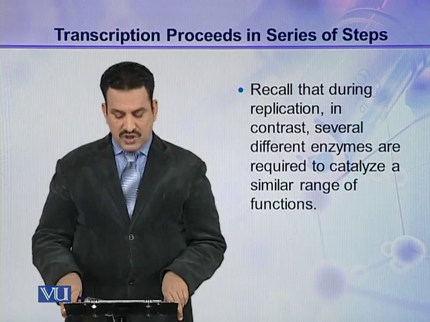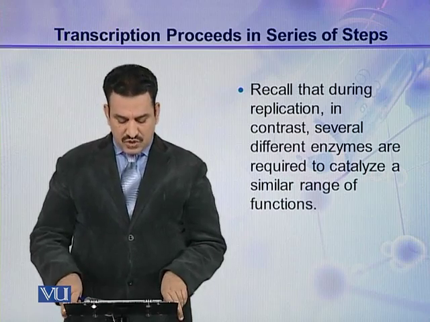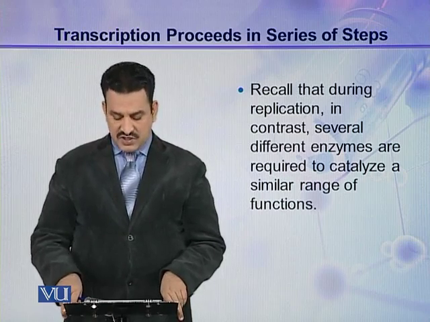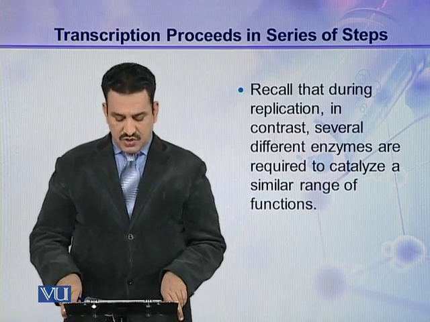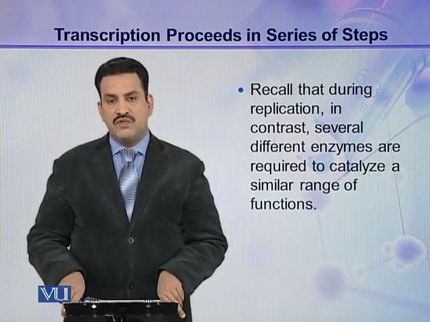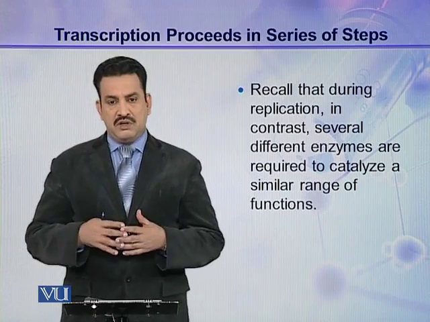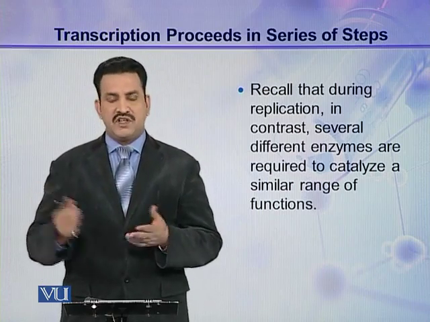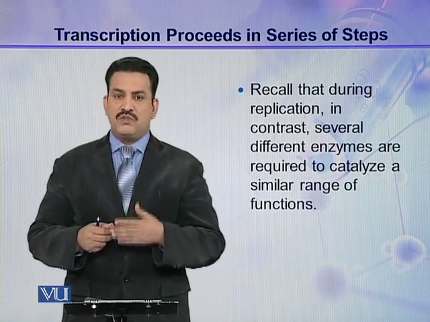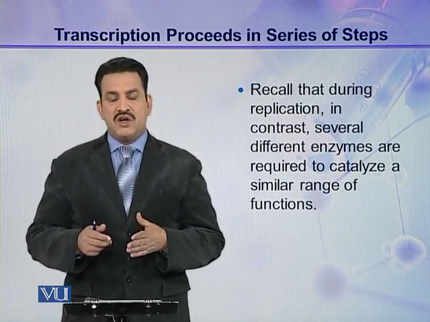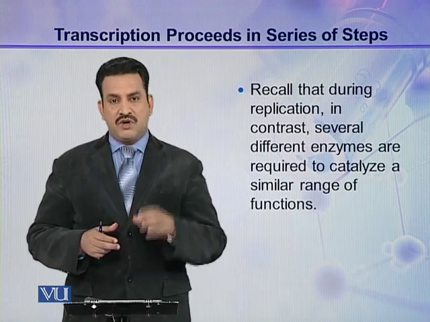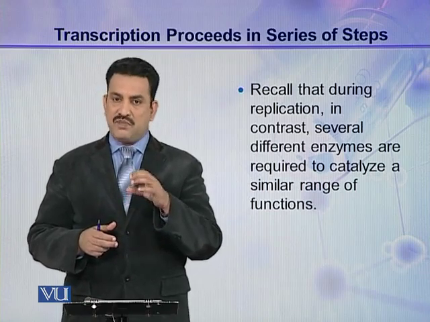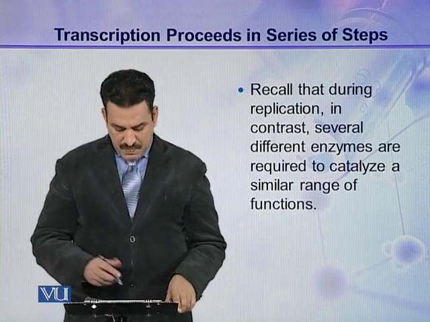Recall that during replication, in contrast, several different enzymes are required to catalyze a similar range of functions. That is, proofreading is performed by a different enzyme, unwinding by a different enzyme, extension by a different enzyme, but here all these tasks are performed in a single step by this enzyme.